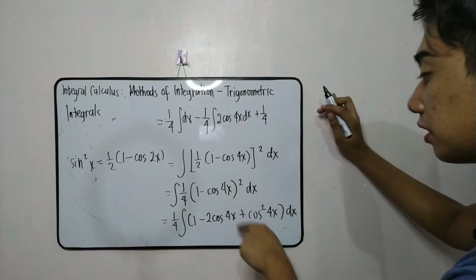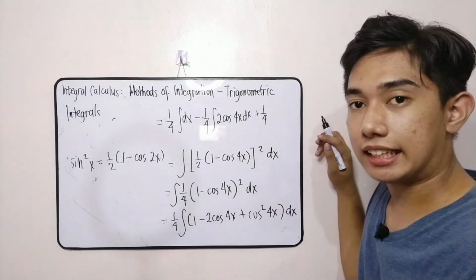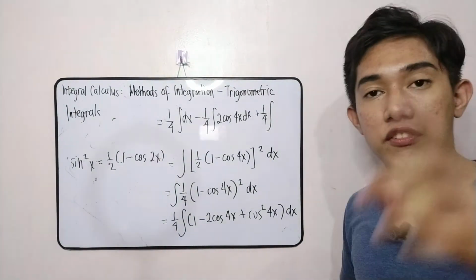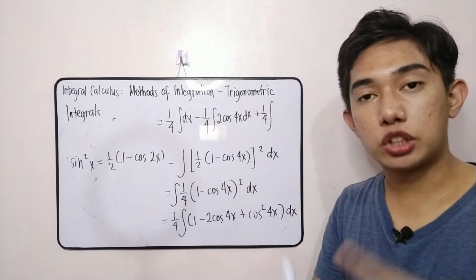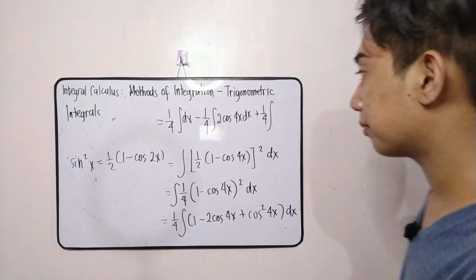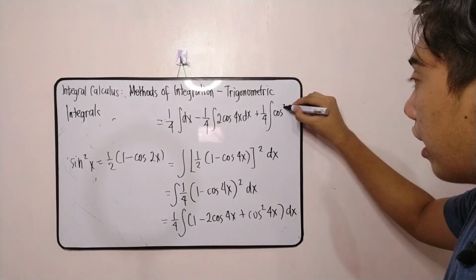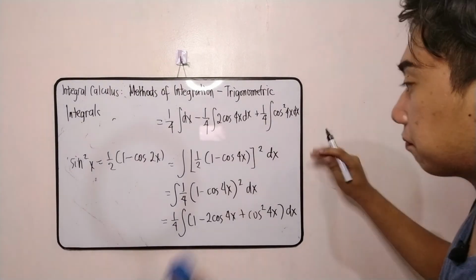We need to substitute our identity for this case. So, ito yung bantay-bantayan ninyo guys. If there's an even, you need to substitute its identity. If there's an odd, you need to factor out and substitute its identity. So for this case, 1/4 cosine squared 4x dx.